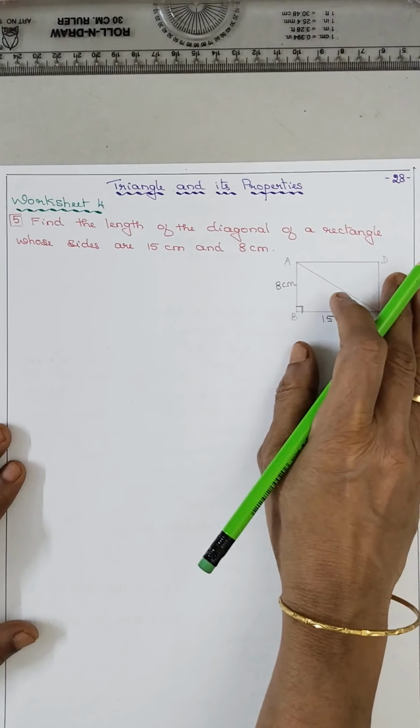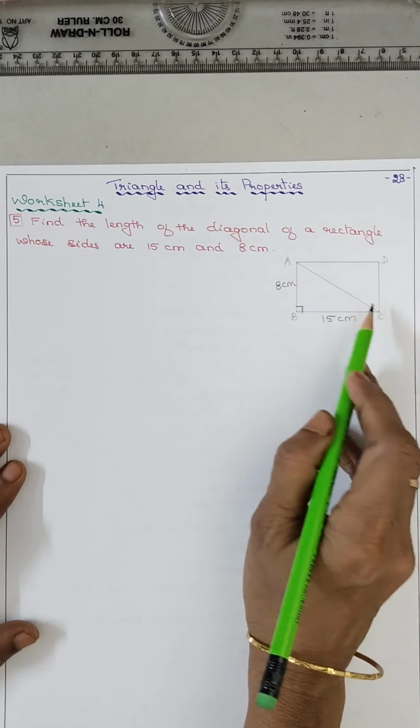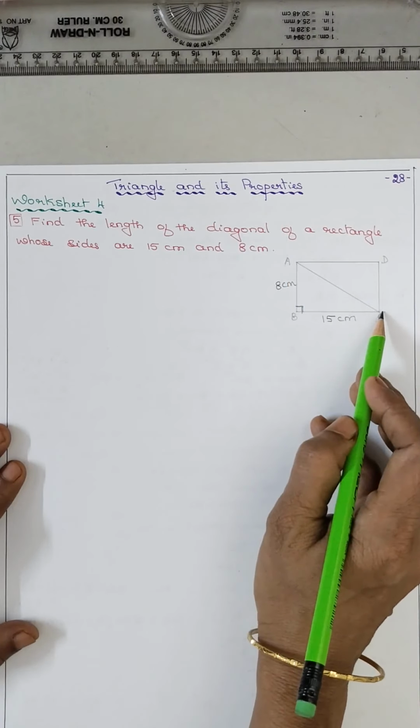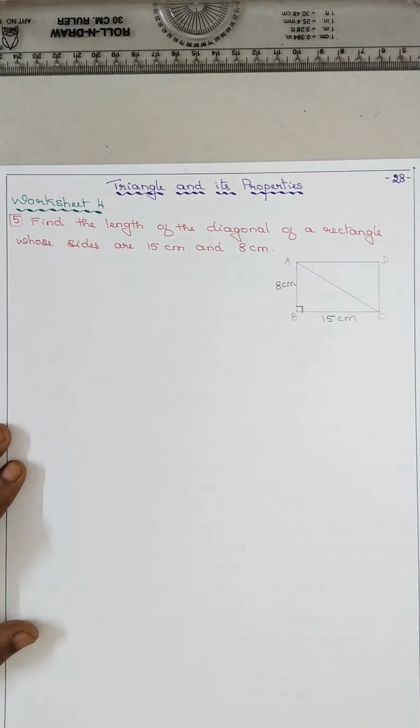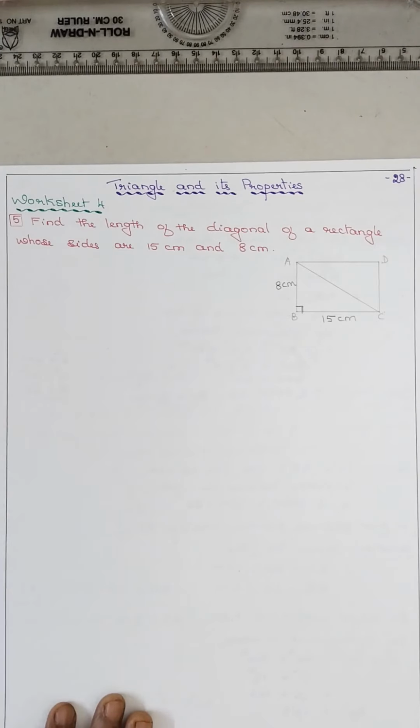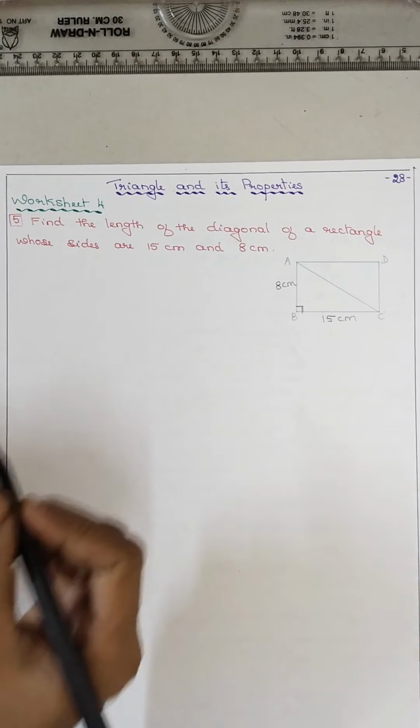So now in this figure we have taken AC as the diagonal. You can draw BD instead of AC also, but according to this figure I have taken AC is the diagonal. So first we will write given.